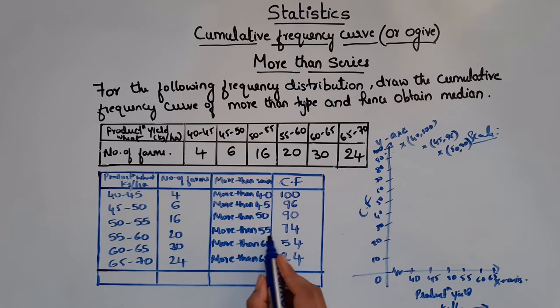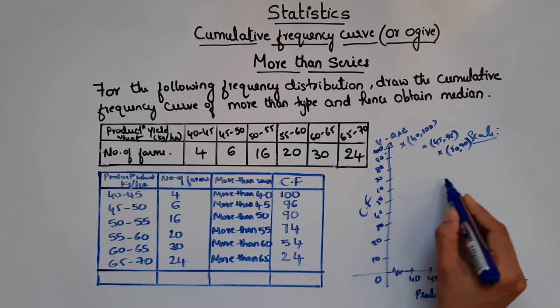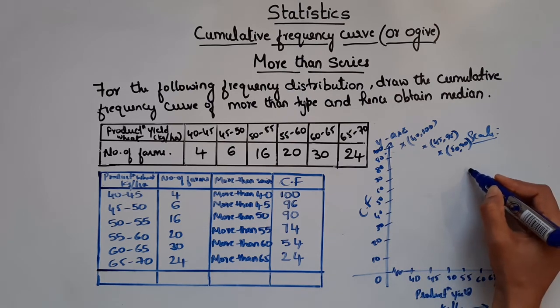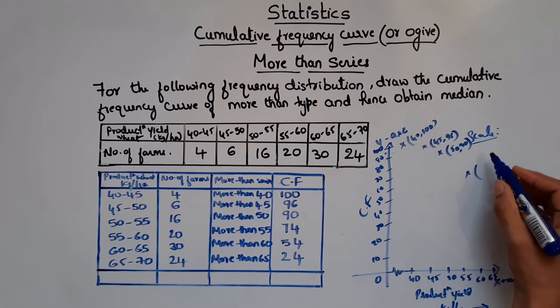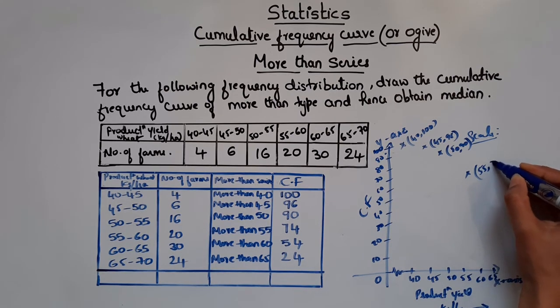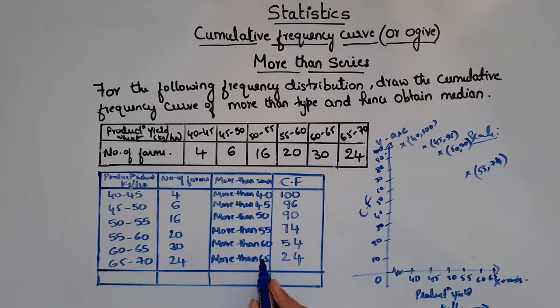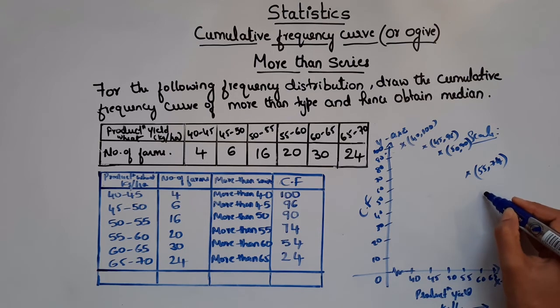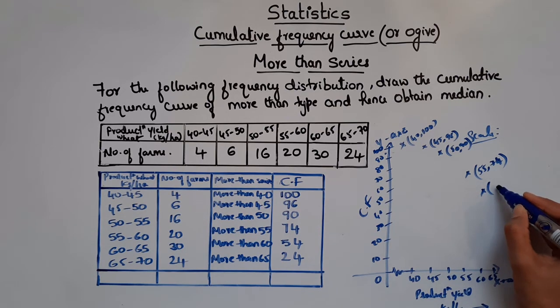And next we have 55 and 74. So 55 is here, 70 is here. So that will come around here. So this is 55, 74. Next we have 60 and 54. So 60 is here, 54 somewhere here. So 60, 54.